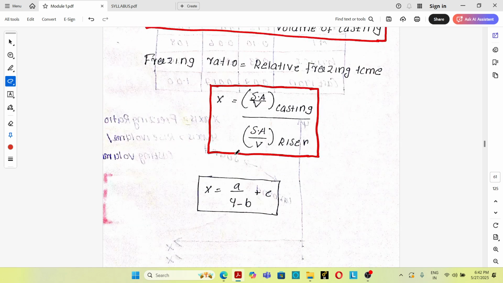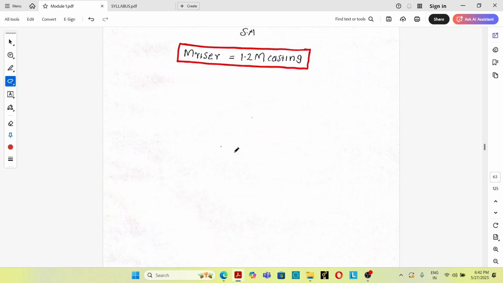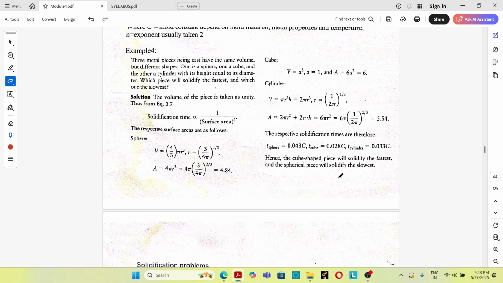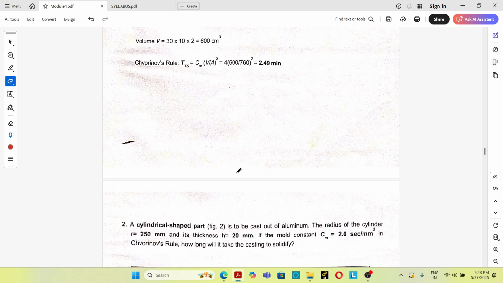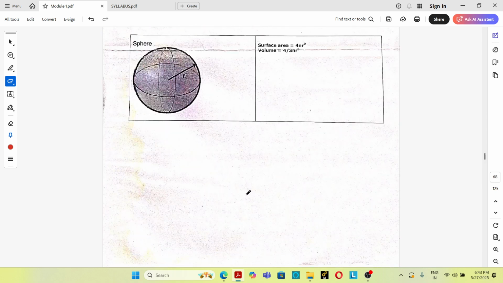How we are designing a riser and how we are determining the solidification time of a casting. This is the solidification of pure metal and alloy graph. I think you have already studied it in material science. And we have problems related to Chvorinov's rule or solidification time. Okay.